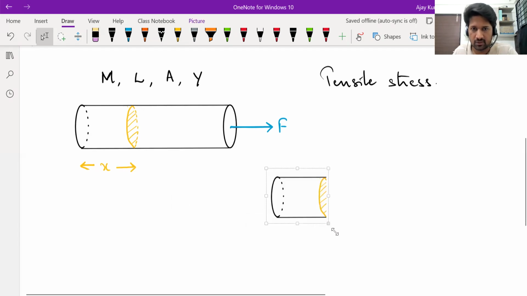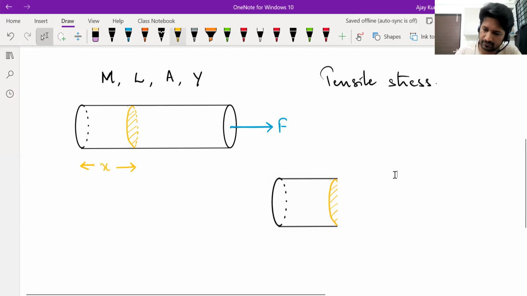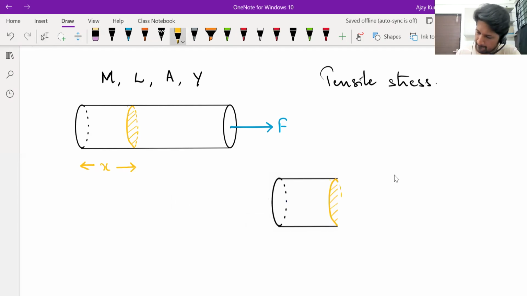But if you consider only this part of the wire, only the left part of the wire or only the right part also, then tension becomes an external force on that part, and you will be able to write Newton's second law, F net equal to ma, involving tension and derive an expression for it.